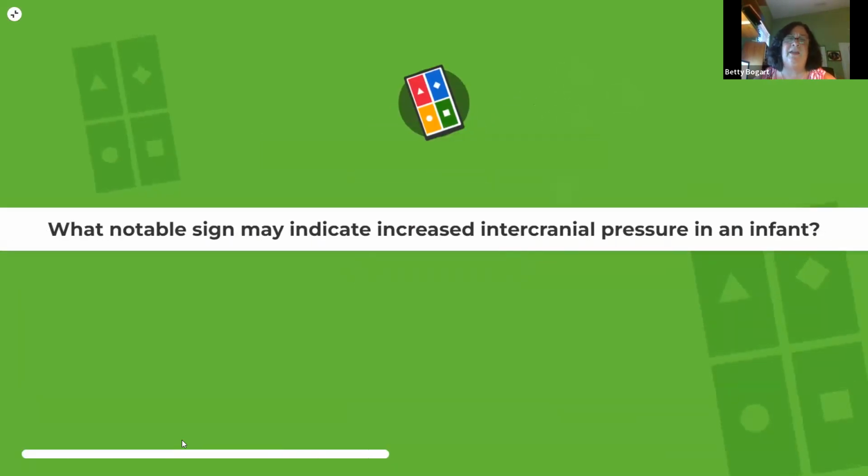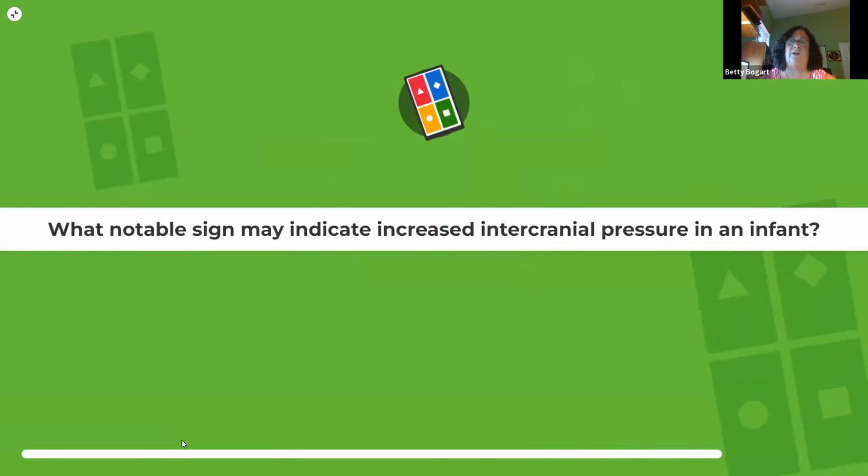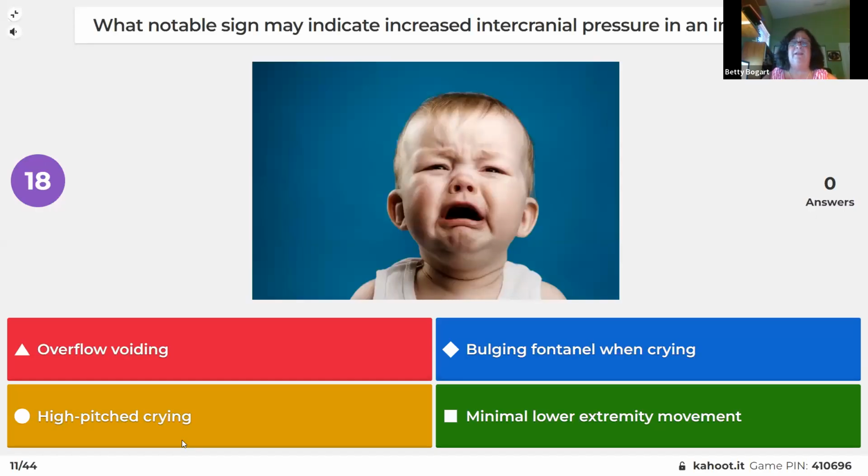What notable sign may indicate increased intracranial pressure in an infant? Now, an infant can't tell you they have a headache. They can't tell you they're nauseous. I mean, they can show vomiting. I mean, they have pupils, yes, but there's one thing that you will know every time that something's going on neurologically with an infant.